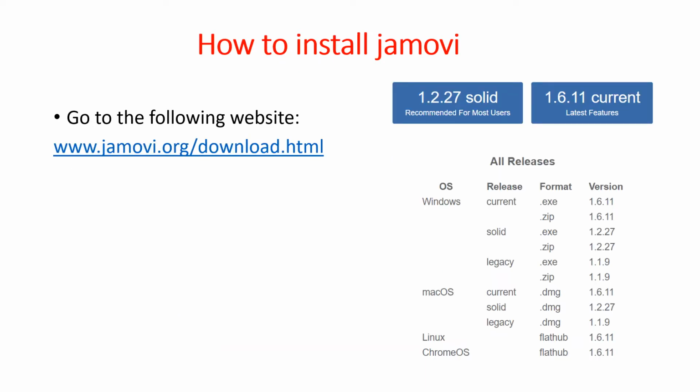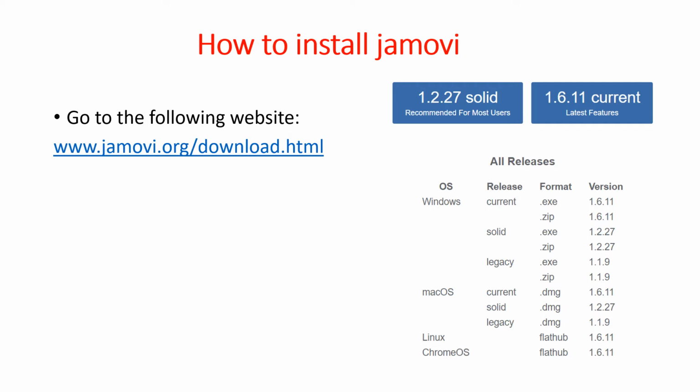Well, if you want to install Jamovi on your personal computer, you just need to go to the following website, which is the official Jamovi website. And then, depending on your operating system, whether it's Windows, Mac, or Linux, there are several options here. I mean, there are usually two different types.